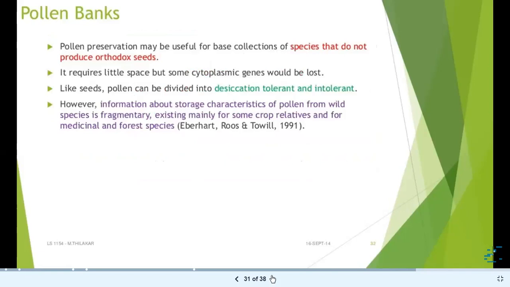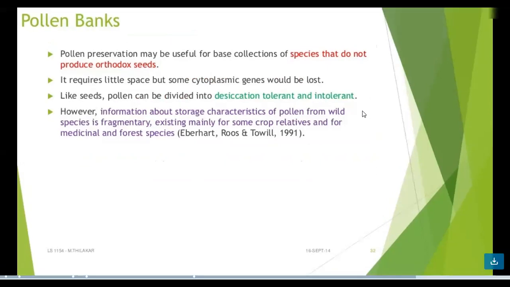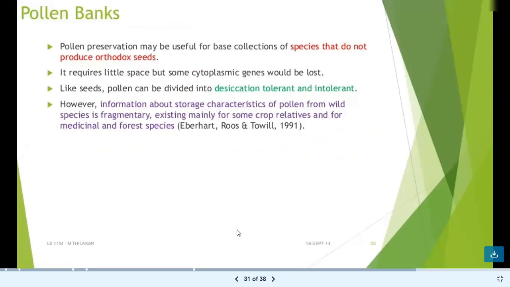Pollen grain banks or pollen banks. Pollen preservation may be useful for base collection of species that do not produce orthodox seeds, in which regular seeds are not formed, or the percentage of viability is very low. It requires little space, but cytoplasmic genes would be lost.